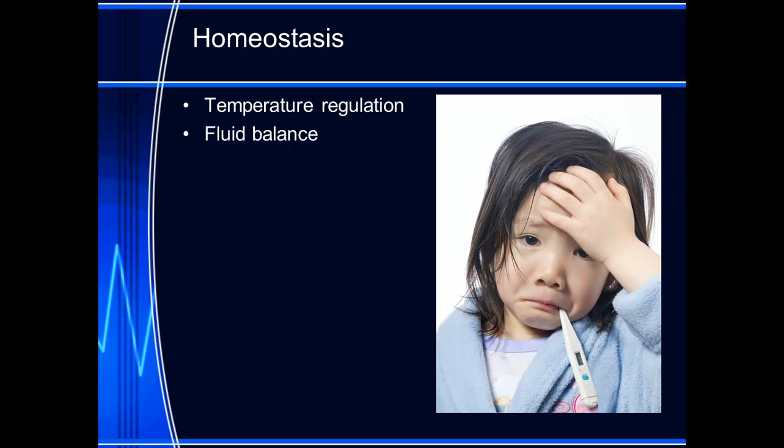Your body's response to that chilled feeling will be that you will increase your heart rate, you will start to increase metabolism to try to provide more energy to the vital organs to maintain homeostasis.